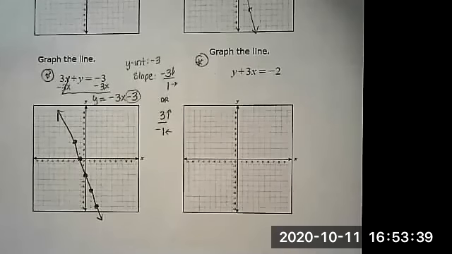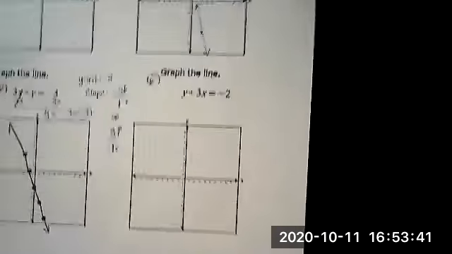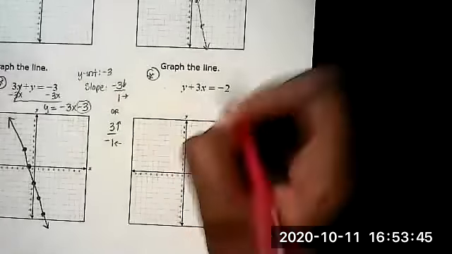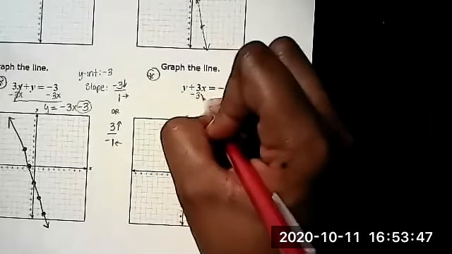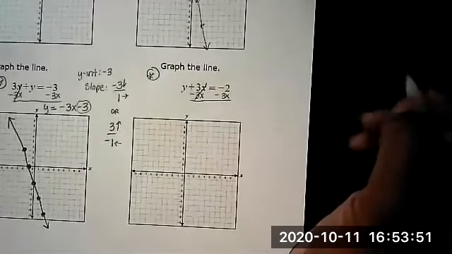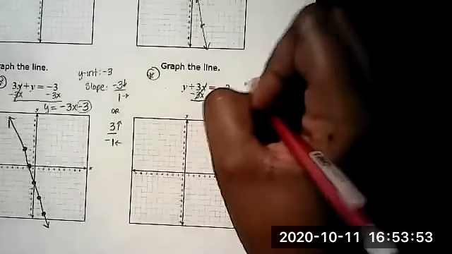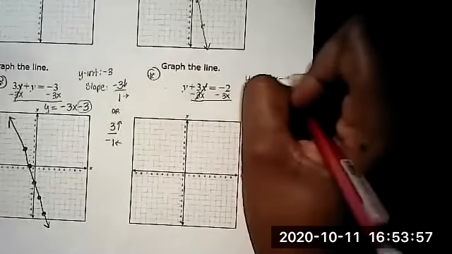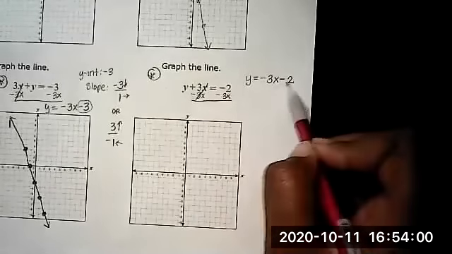All right, and finally here, again, we need y by itself. Let's get rid of this 3x by subtracting 3x. We're just doing the opposite. If it was negative, we would add. So this becomes y equals -3x minus 2. Okay, put them next to each other.